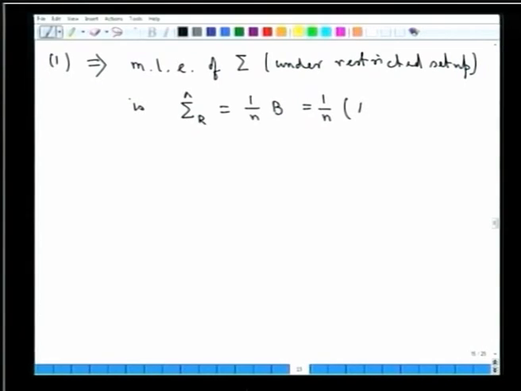Let us plug back what B was equal to. So it was equal to A plus n times, it's in the random variable form, x bar x bar transpose, so that this is equal to just 1 upon n times A plus n x bar x bar transpose. So this is the restricted maximum likelihood estimator, and this is the only maximum likelihood estimator over which we are going to optimize, we are going to maximize rather, because mu is given as mu naught.